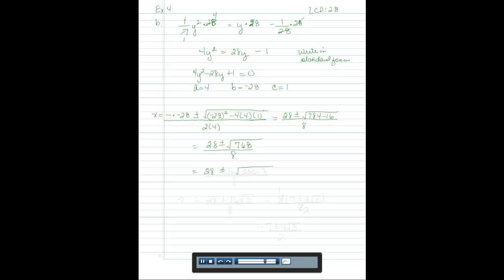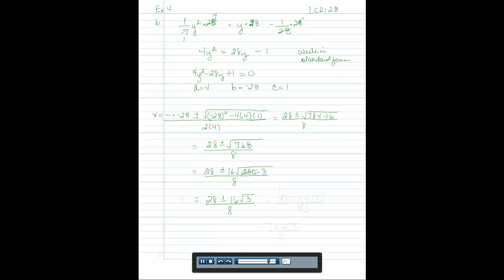One of its factors is a perfect square. That's 256 times 3. And the square root of 256 we will take, once we divide by 8 here, write it out. The square root of 256 is 16. So we have 28 plus or minus 16 square root of 3 all over 8.